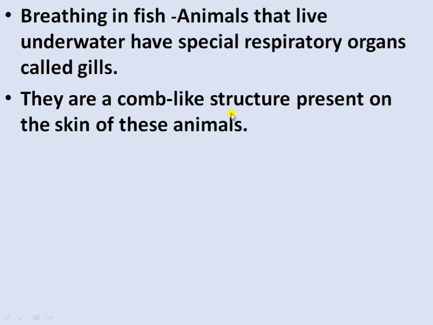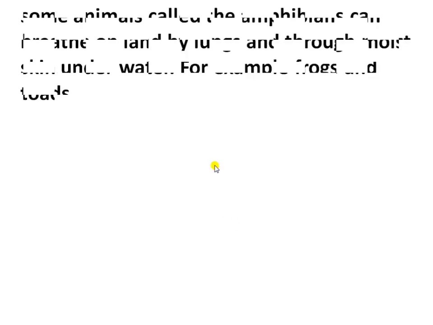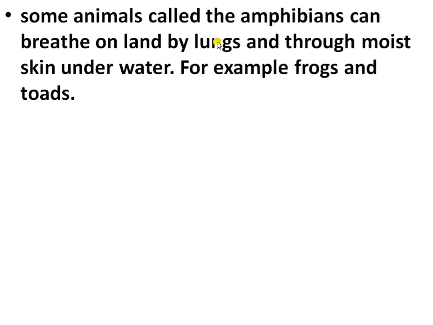They are comb-like structures present on the skin of these animals, and gills allow the exchange of gases between animals and water easily. Some animals called amphibians can breathe on land by lungs and through the moist skin under water, for example frogs and toads.